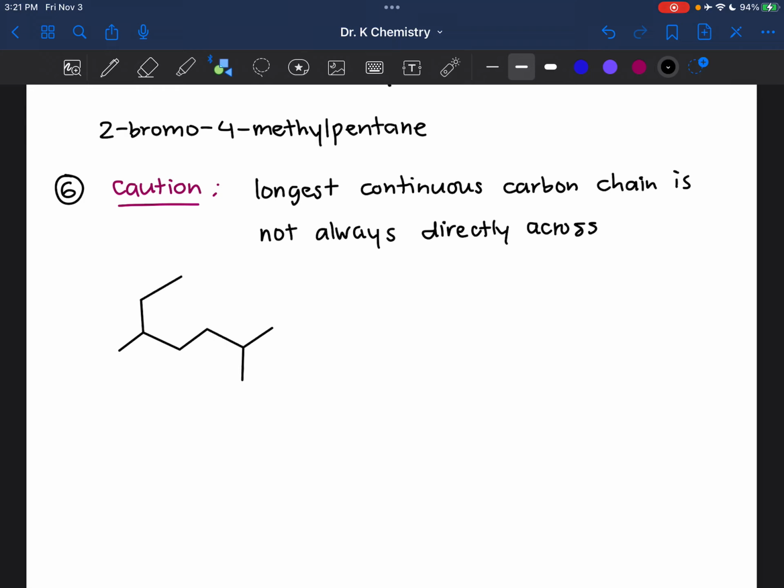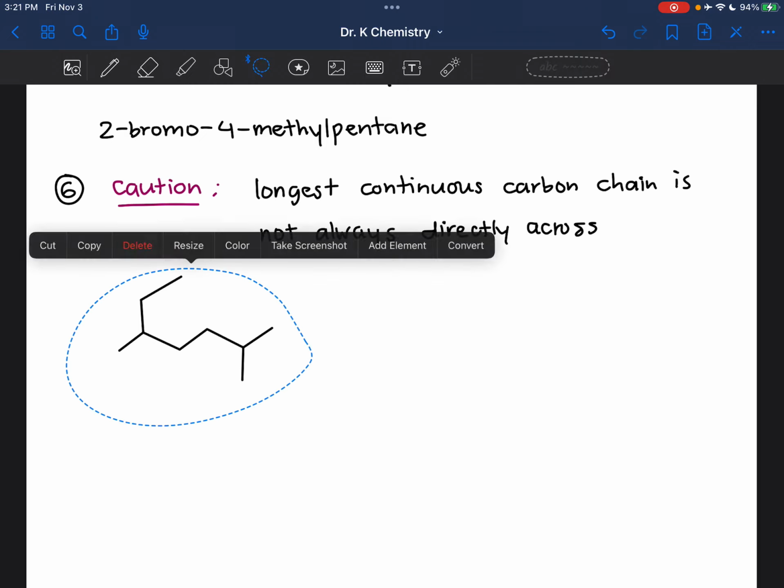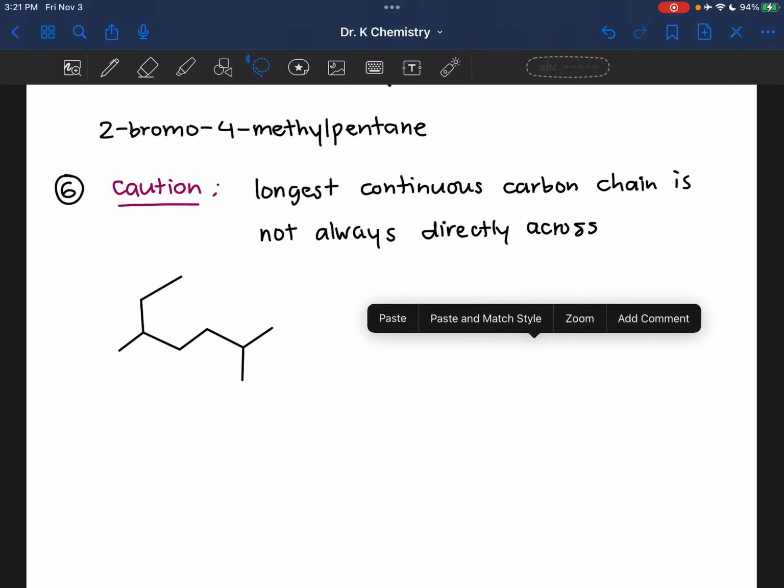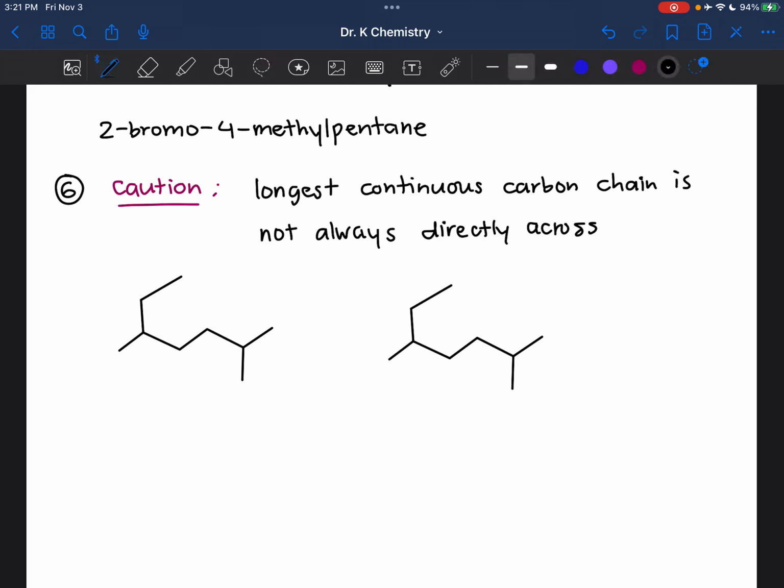For example, ooh, those are some funky bond angles right there. Okay, so if I go directly across, just like I have been doing, it looks like I have 6 carbons in my longest continuous carbon chain. But if I actually start up top or on the right and continue all the way down this way, then there are 7 carbons in the longest continuous carbon chain.